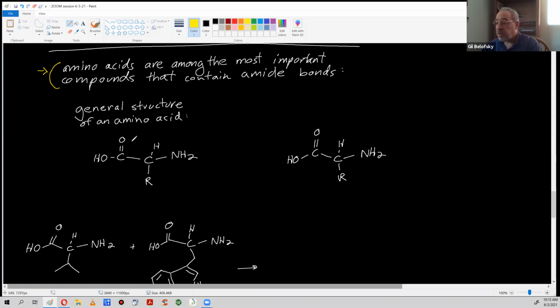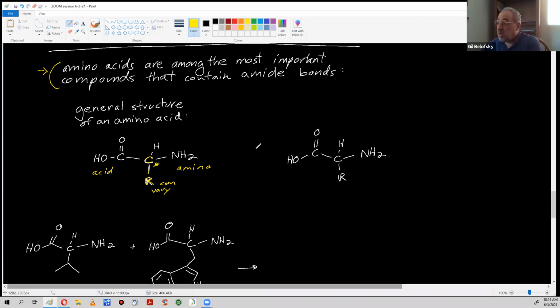So the general structure of an amino acid is this: amino terminus, carboxylic acid terminus. In between is this carbon connected to an R group, which can vary. We know R groups are basically like wildcards. And I'll point one other thing out just for interest: that is a chiral center right there, in most cases of amino acids.